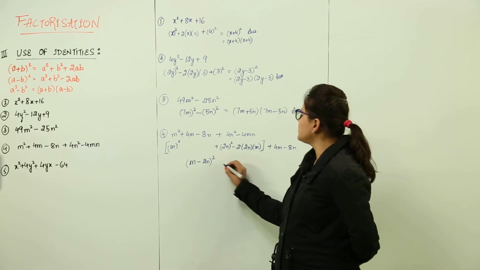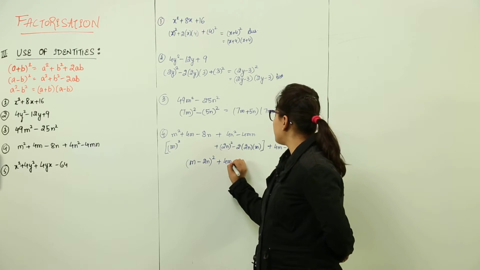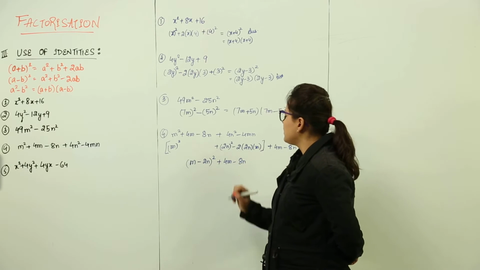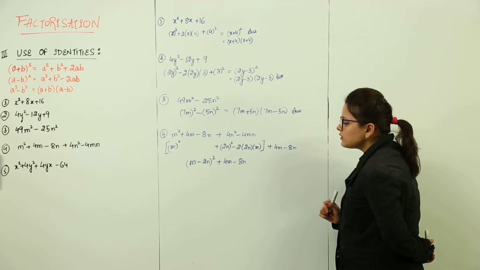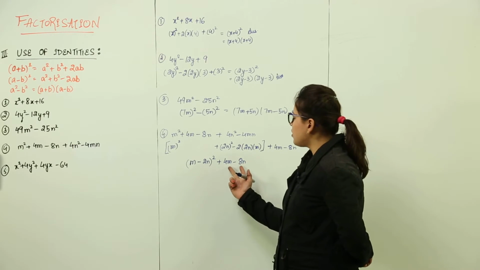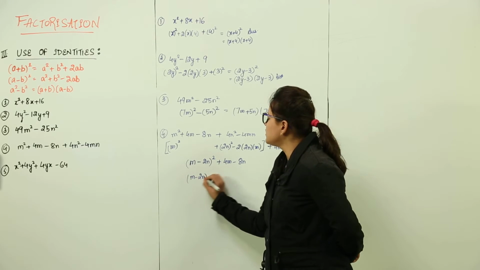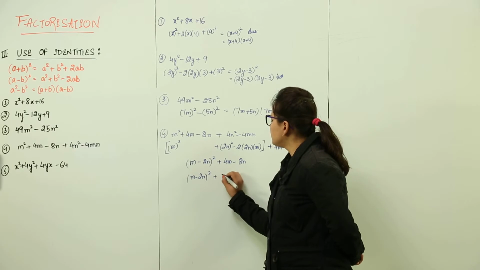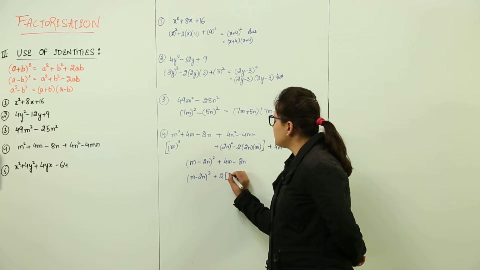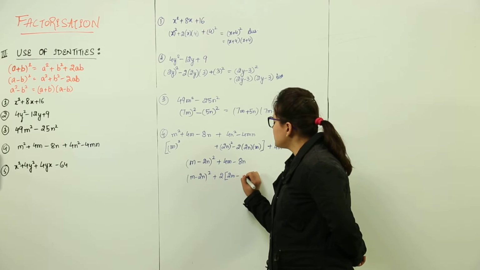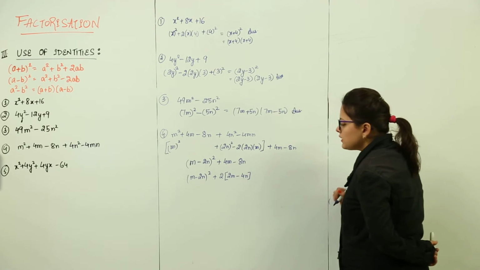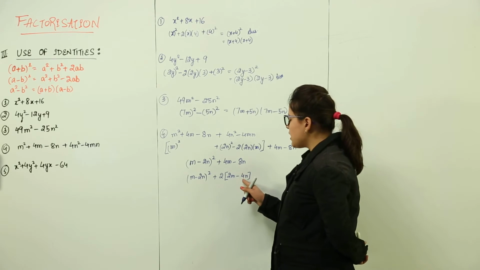And what are we left with? Plus 4m minus 8n. Can we solve it any further? Yes, we have something common in them, so we can take out the common also. What is coming out common in both of them? 2. So we are left with 2m minus 4n. Do we still have anything common? Yes, we still have 2 common.